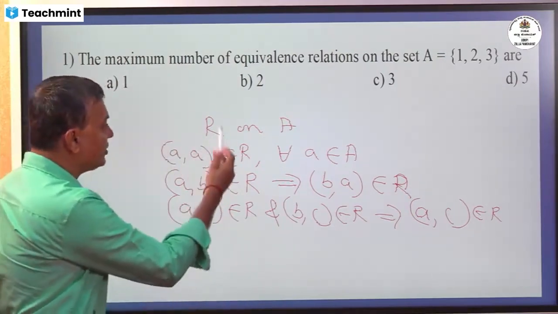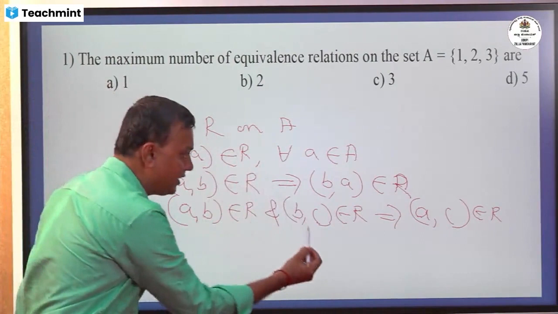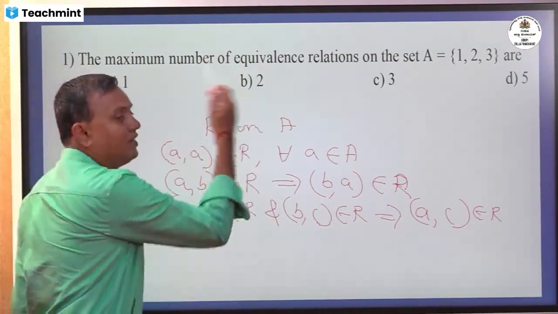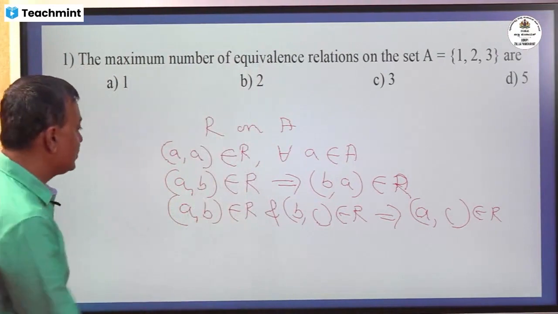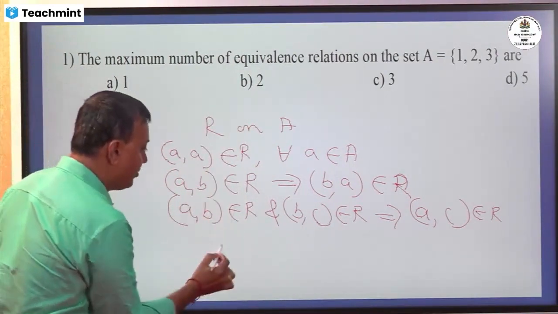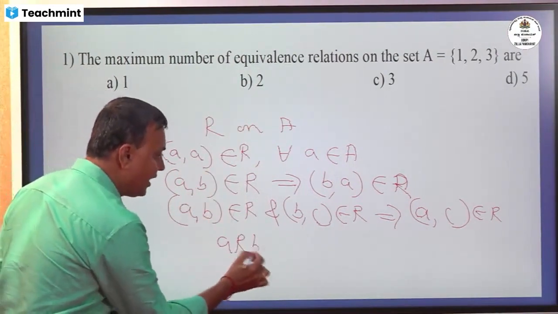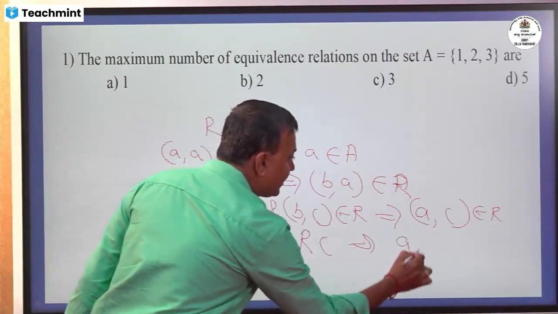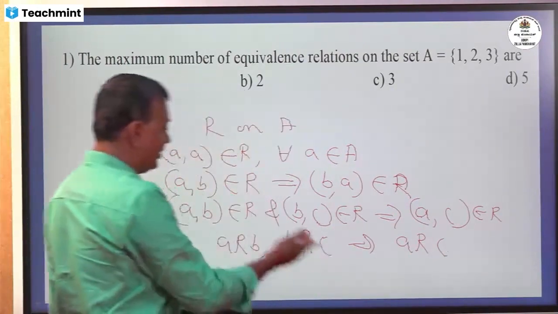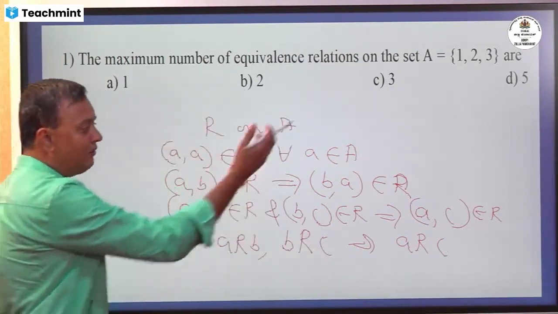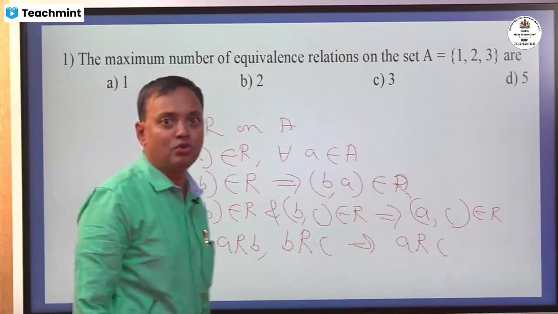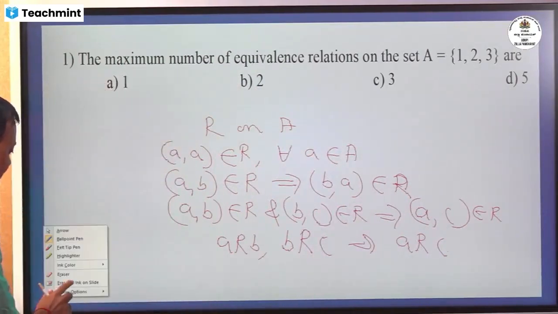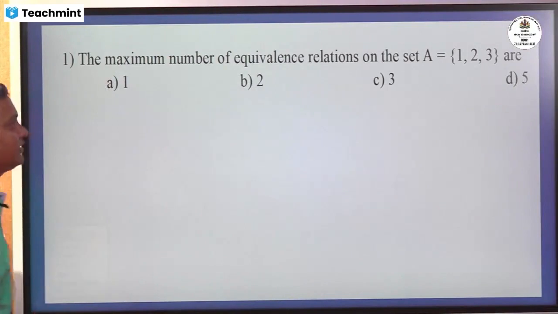If a relation is reflexive, symmetric and transitive, then that relation is an equivalence relation. We can also write this as: a is related to b and b is related to c, then a is related to c. That is nothing but (a, b), (b, c) belongs to R, then ordered pair (a, c) belongs to R. So this is the definition of reflexive, symmetric and transitive.